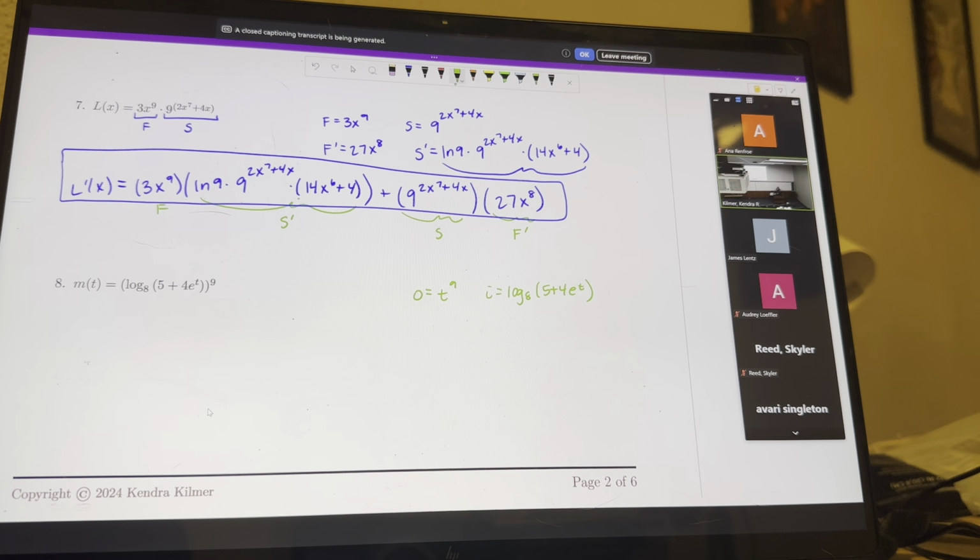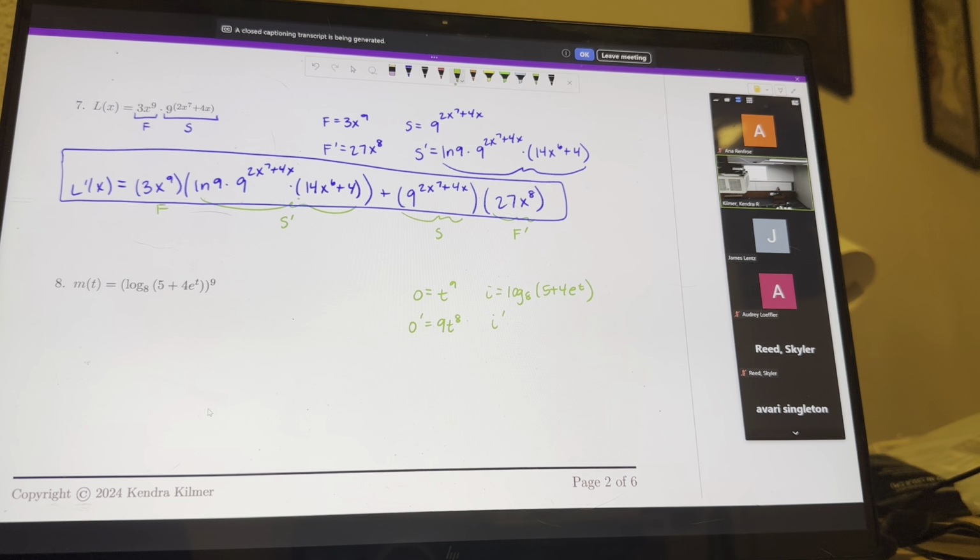Okay, so my outer is the outermost thing I'm doing, which is raising something to the 9th power. And then my inner function is the function I'm raising to the 9th power. Okay, so if I take the derivative, O prime would just be 9t to the 8th. I prime: to find the derivative of I, what do I have to use? Chain rule again.